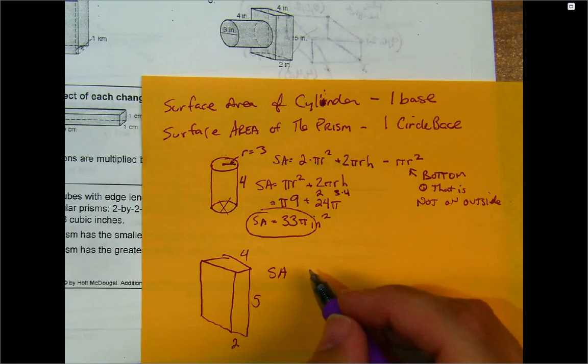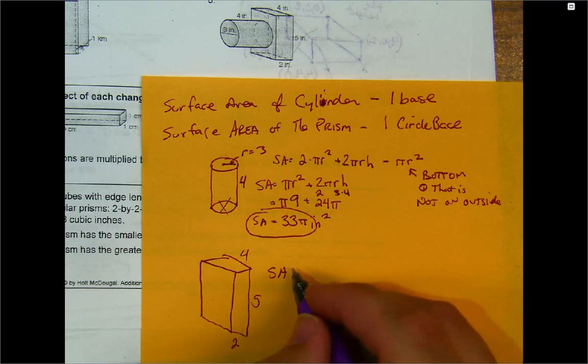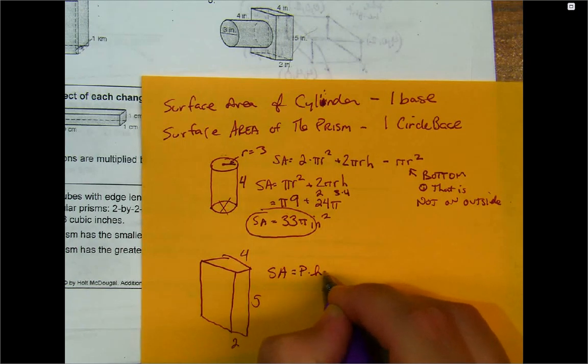So the surface area is equal to the perimeter times the height plus 2 times the area of the base.